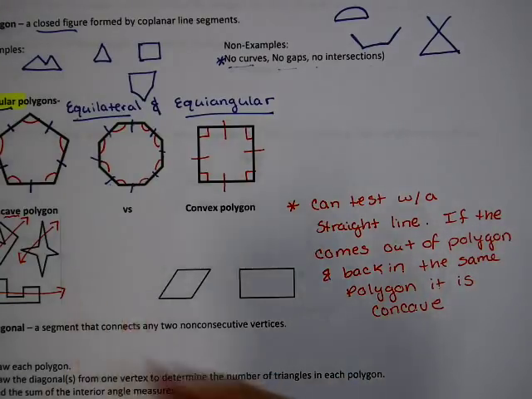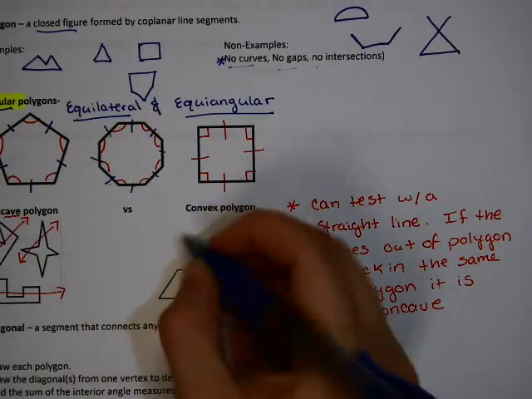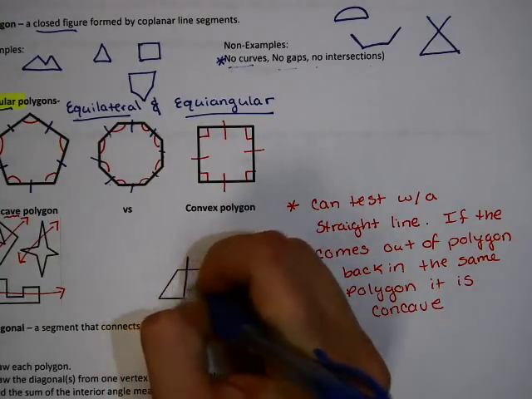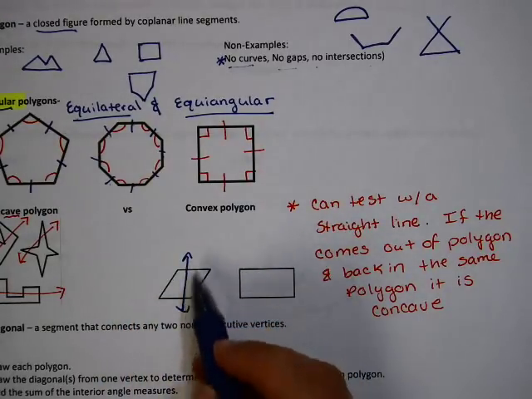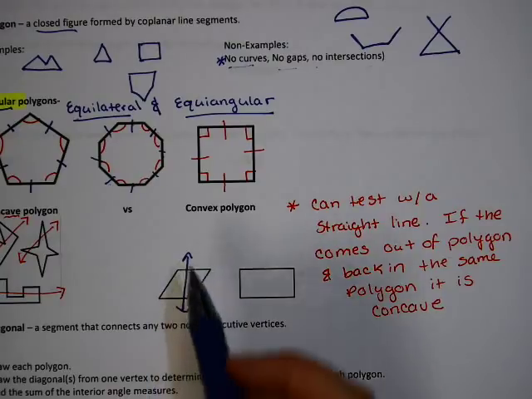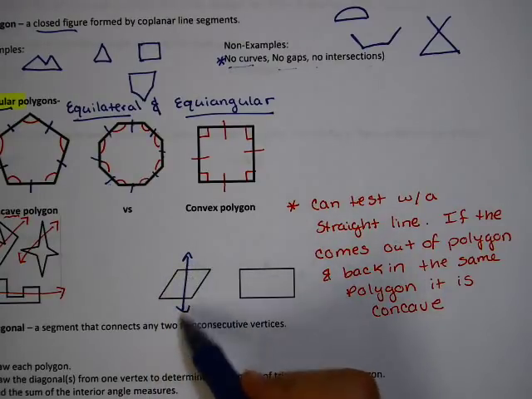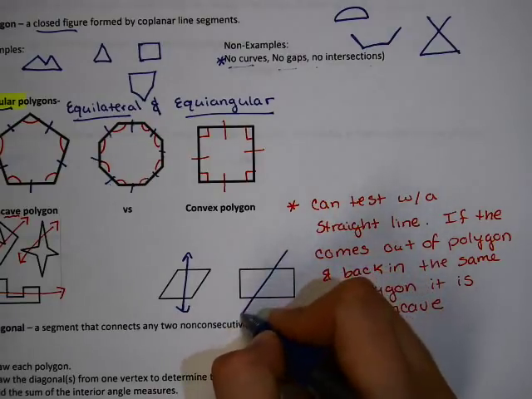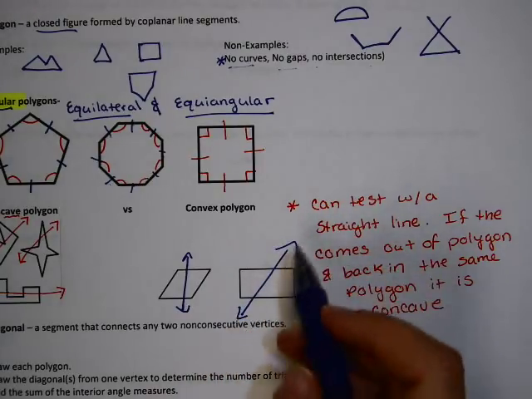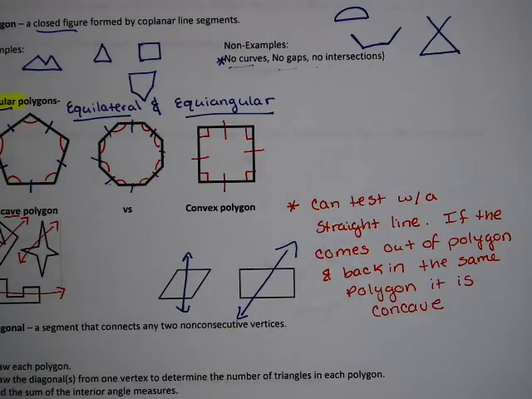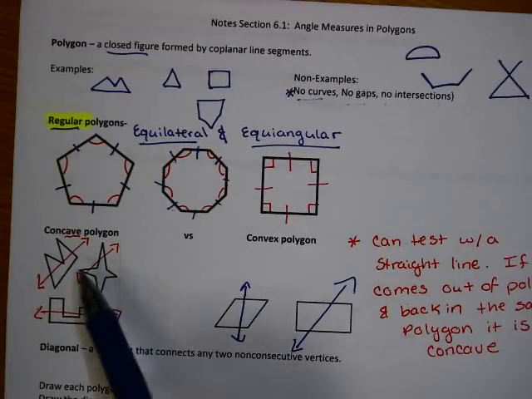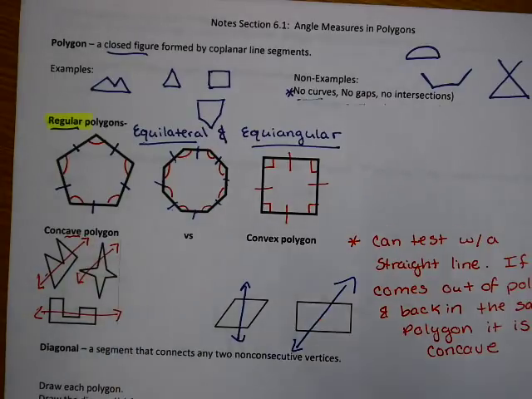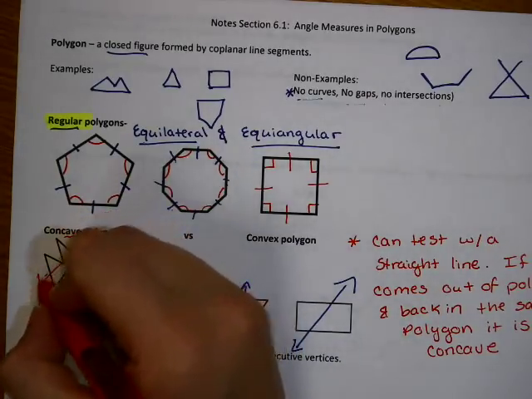Okay. So if I were to draw a straight line through these convex polygons, the line can only go one way. It doesn't intersect more than once. And same with this shape. No matter how I draw that line, it's only going in and out one time. Whereas here, it's going in and out of my polygon.